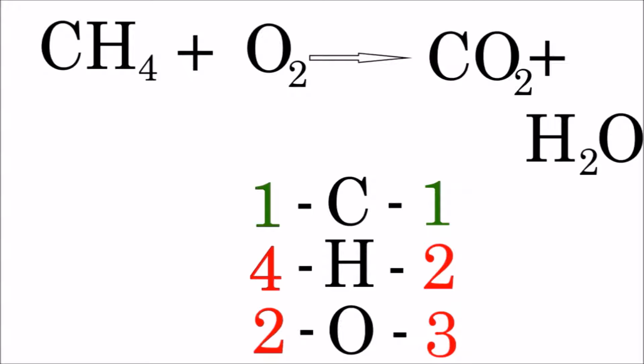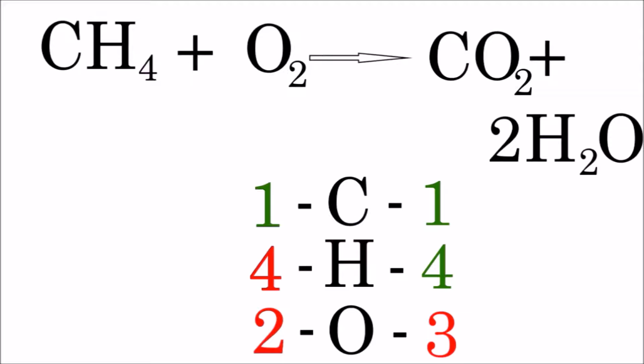So now we have to balance multiple things. Generally speaking, you want to leave elements that are alone. So in this case, on the left, we have oxygen all by itself. You want to wait and balance those last to help things go smoother. So we'll start by adding a 2 in front of the water on the right side.